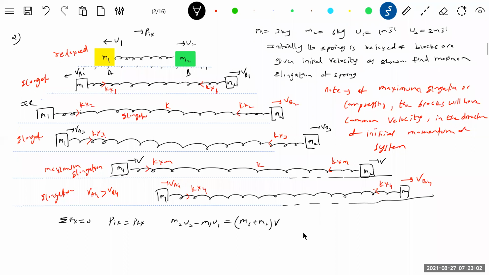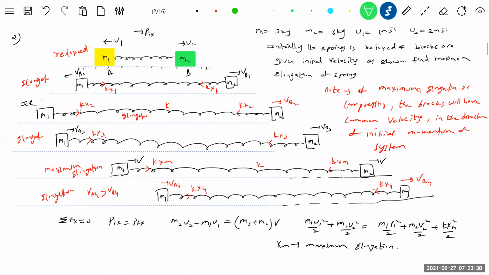This is nothing but the velocity of the center of mass. Then to calculate the maximum elongation, (1/2)k xm squared, where xm is the maximum elongation. Like this we will find the maximum elongation.